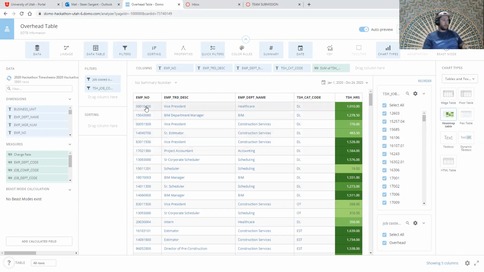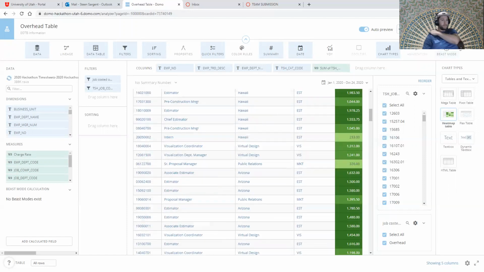We included their employee numbers, the employee trade description, and the department name. And then these are the category codes. We also highlighted the total hours that they've allocated, where the dark green would indicate more and the light green would indicate less.